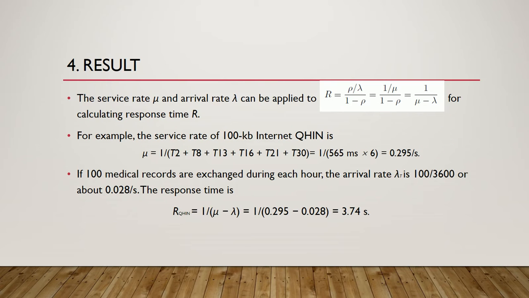For the results, the service rate mu and the arrival rate lambda can be applied to this equation to calculate the response time R. For example, the service rate of the 100 kilobit internet QHIN is mu equal to 1.295 per second.